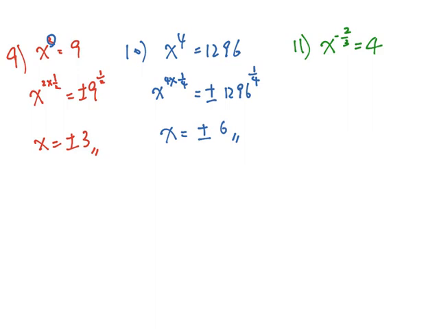Finally, negative index. For this question, you can see the index. We will consider the numerator. It is 2. So even index, that means we have plus or minus answer. So for this one, negative 2 over 3.